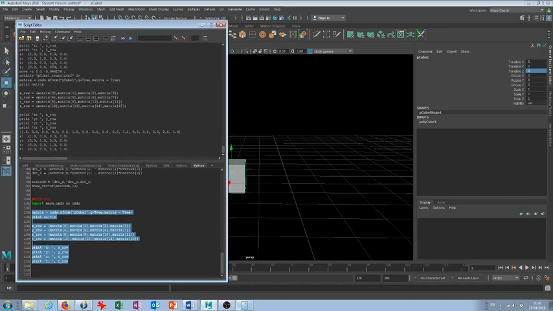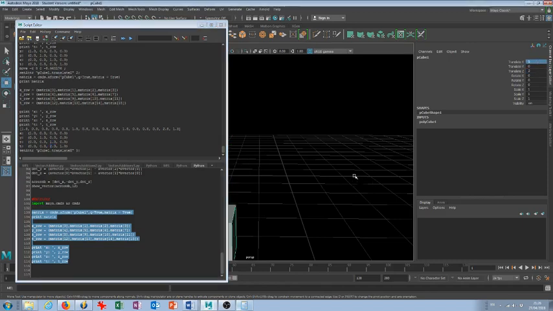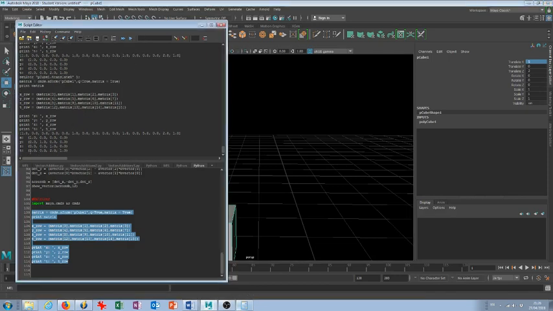It was the identity, and now we have a 2 in the translation row, in the Z coordinate. If we say 5 in the X and repeat it, we can see that it's now 5 and 2. Okay, that's easy, that's understandable for the translation.